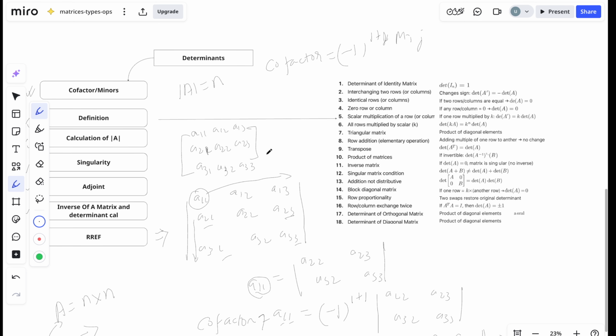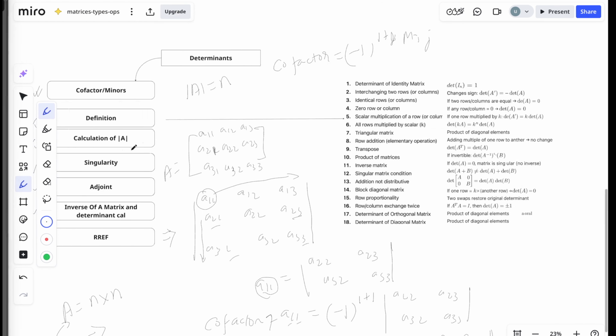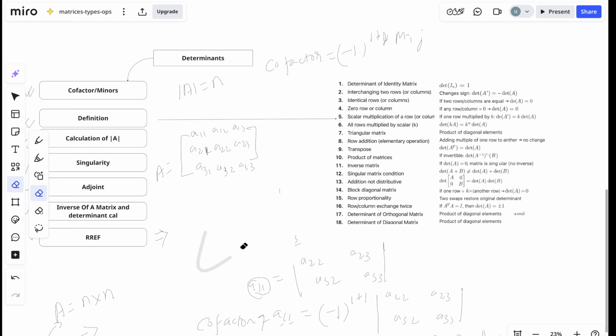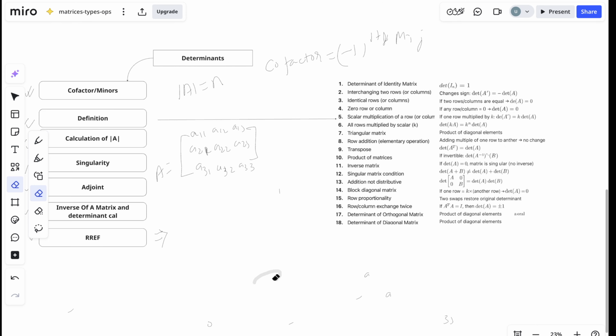Now remember, this is the matrix that we are considering, like A. Now if we want to calculate the determinant of matrix A, then it should be something like this. Let me just clear this up. We have this matrix A here, and if we want to calculate the determinant of A, this is the value.